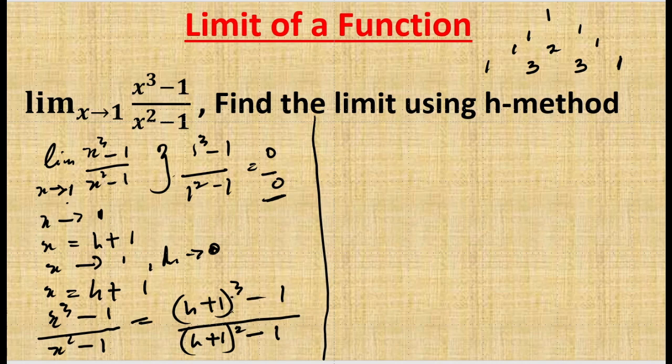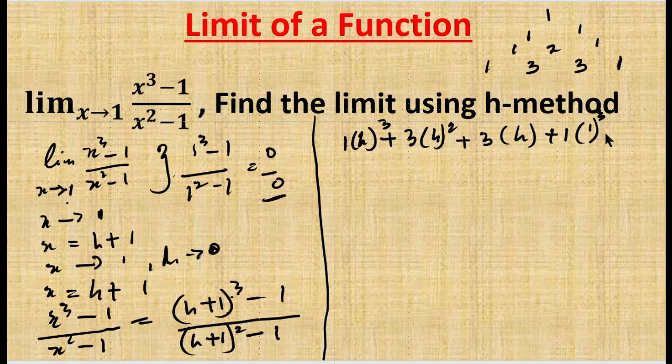I'll use Pascal's triangle to expand this at the top, so that this becomes 1 into h raised to the power 3 plus 3 into h raised to the power 2 plus 3 into h, then plus 1 now into 1 raised to the power 3, now minus 1, all over.